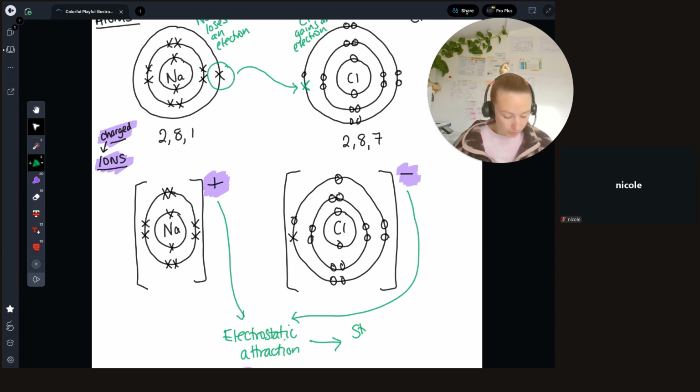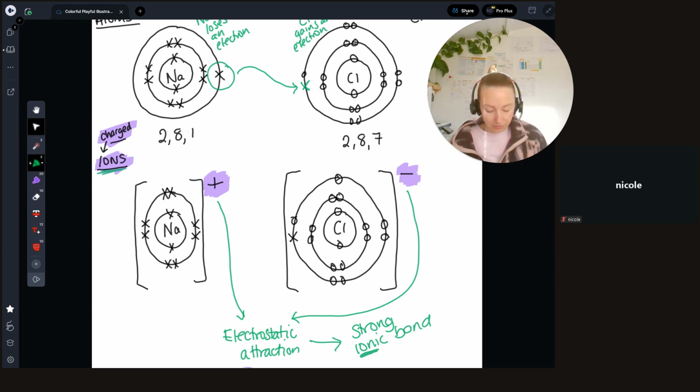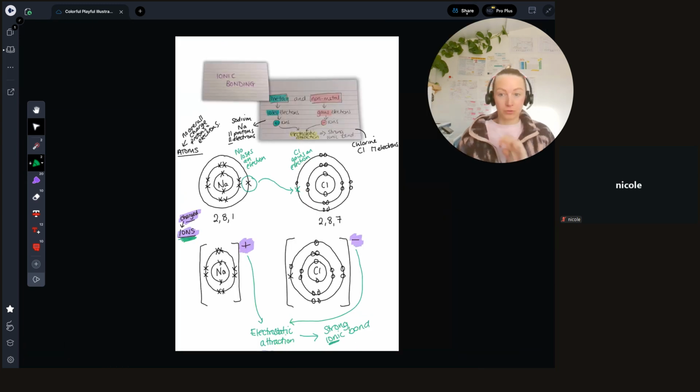It's really obvious actually, because it's an ionic bond because we're making these ions by gaining and losing electrons. So there we go. There's the information and the dot and cross diagram behind drawing these ionic bonds.